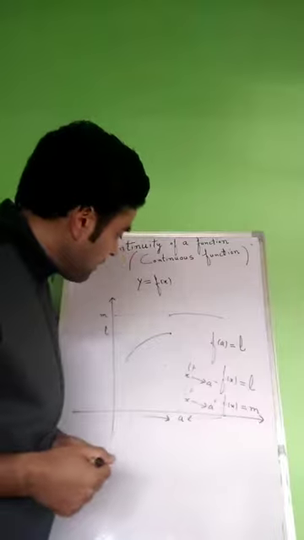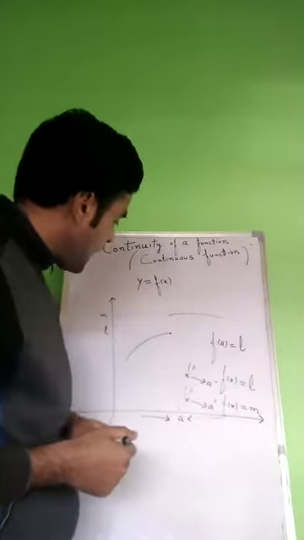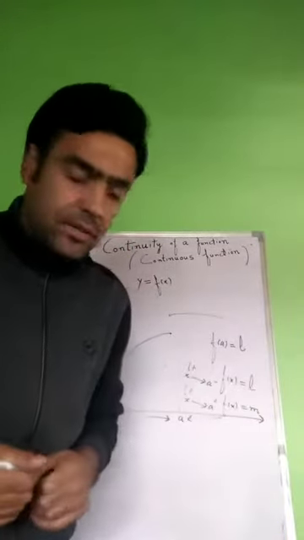This is also the reason that there is a jump in the graph at point A, which makes the function discontinuous.